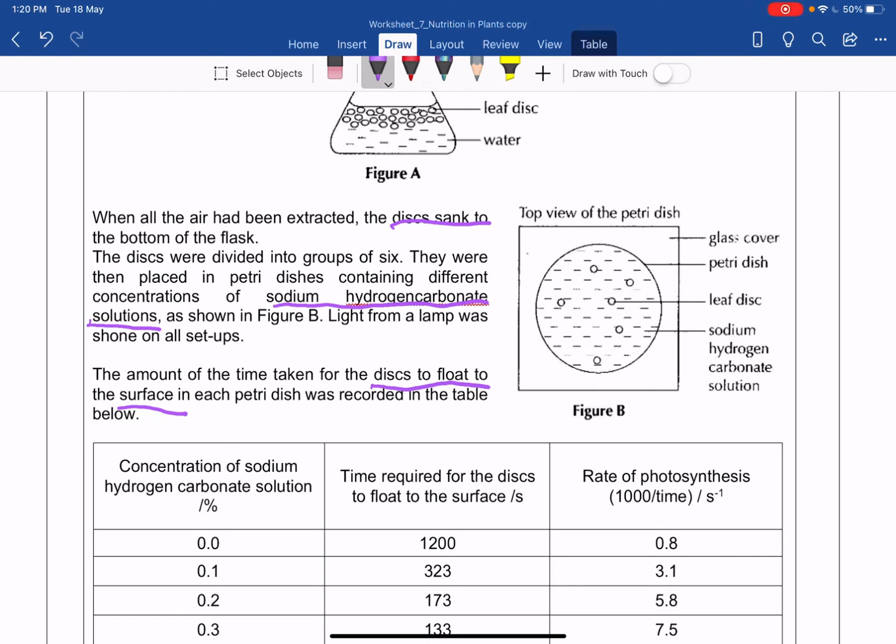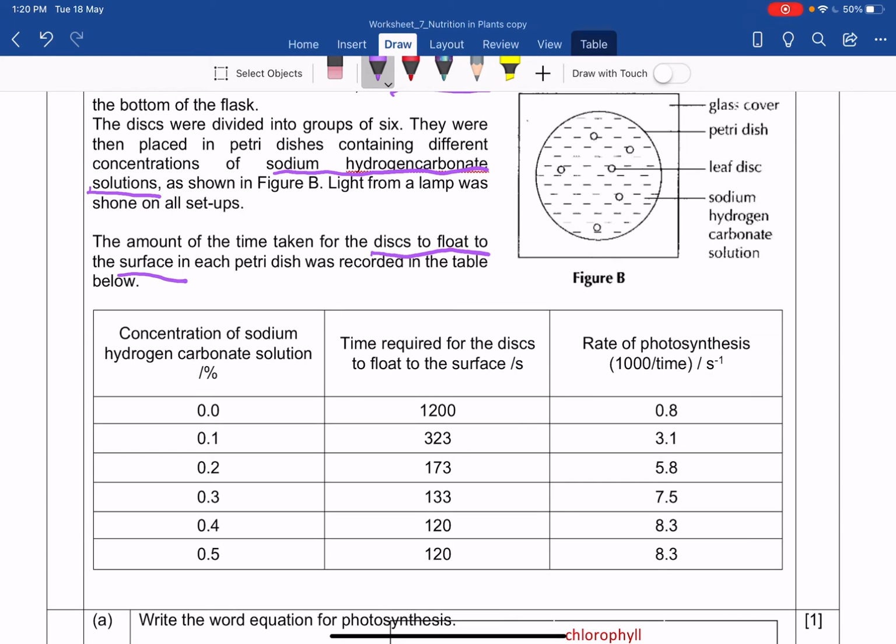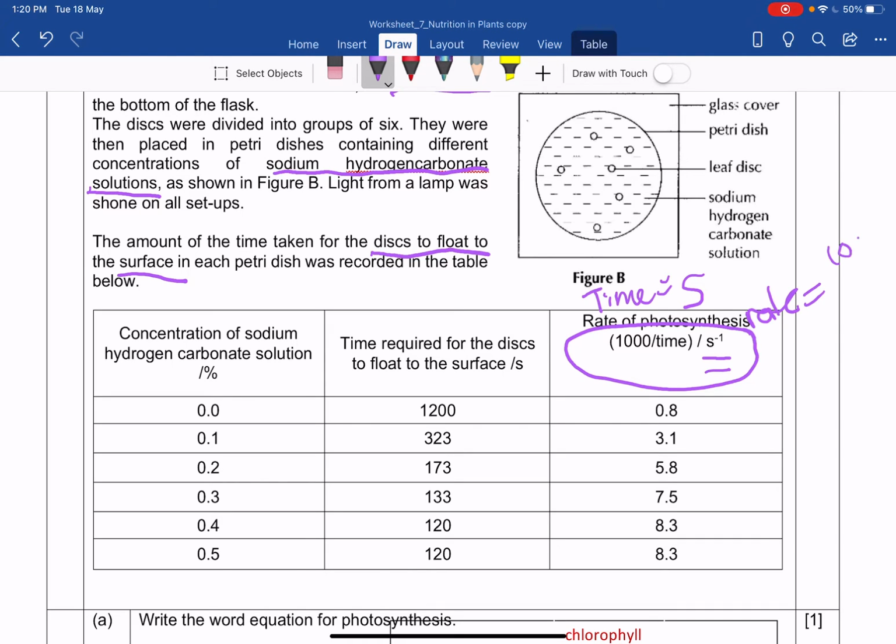So the student actually times how long is required for the disc to float to the surface. Now you can see that the timing is converted to rate by taking 1000 divided by the time taken. Since time was recorded in seconds, the rate is 1000 divided by seconds.